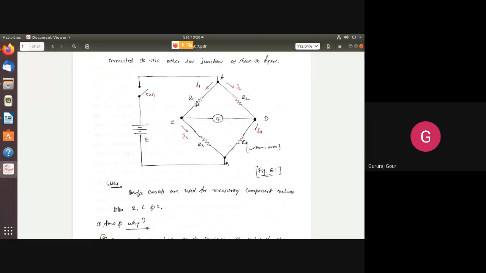Whatever the arrangement may be, we always get the bridge balance equation as the product of opposite arms equal to the product of the other opposite arms. Or else you remember this order always, R1, R2, R3, R4, for which the bridge balance equation is R1 R4 equal to R2 R3.